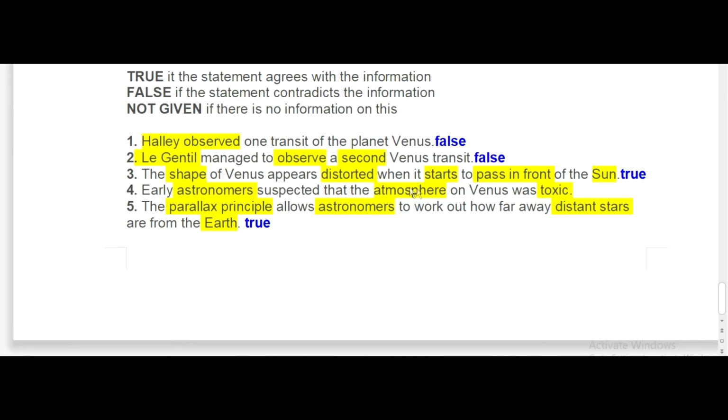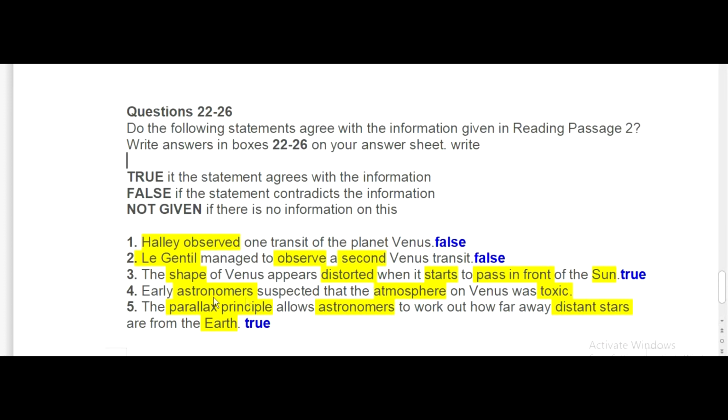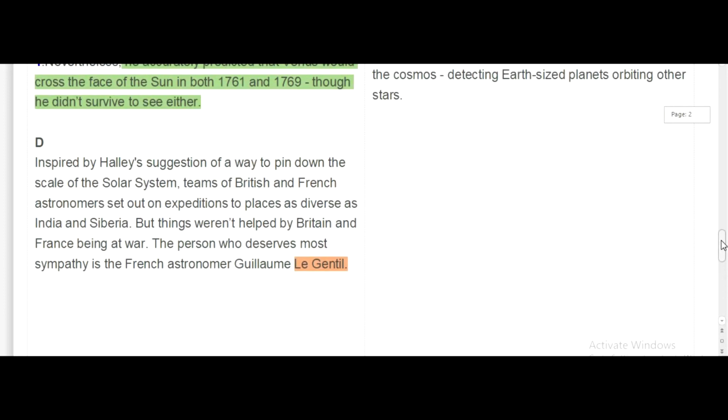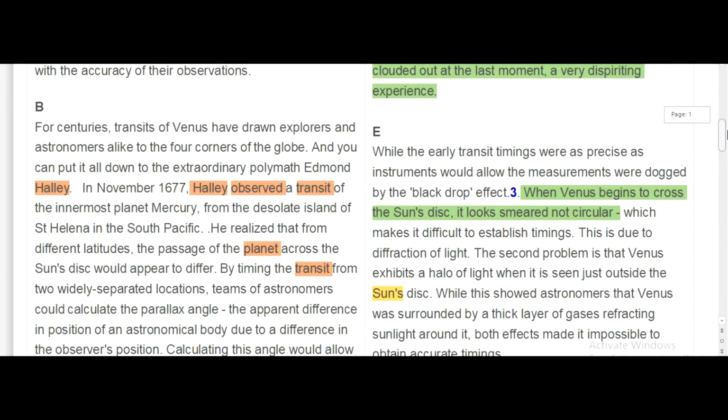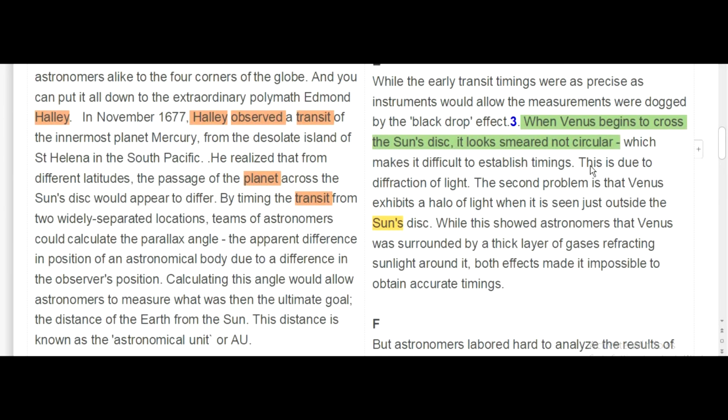Early astronomers suspected that the atmosphere on Venus was toxic. Okay, our keywords are astronomers, atmosphere, and toxic. After third and before fifth. Okay, so now I'm going to look for our keyword toxic.